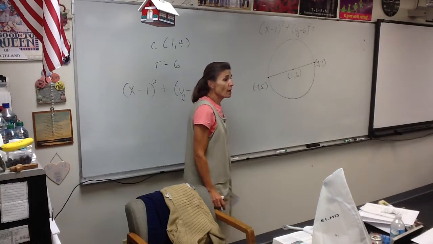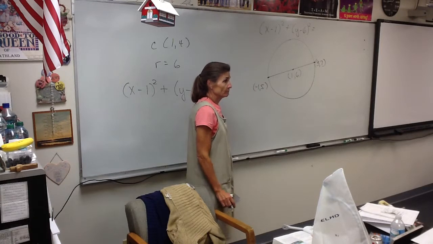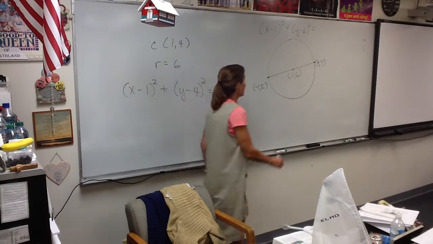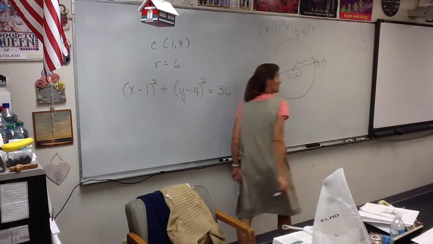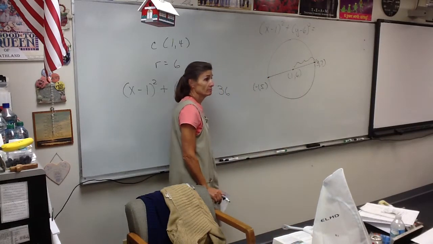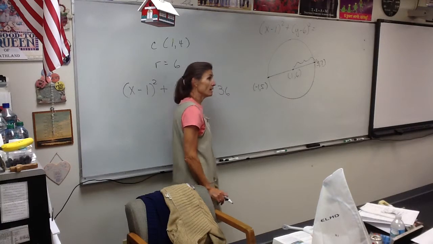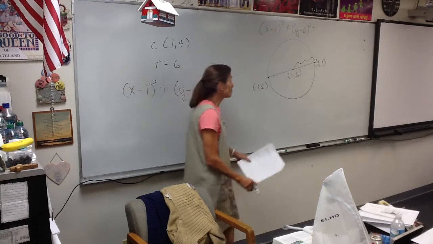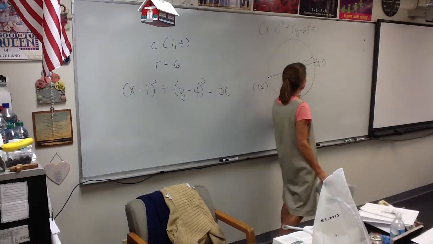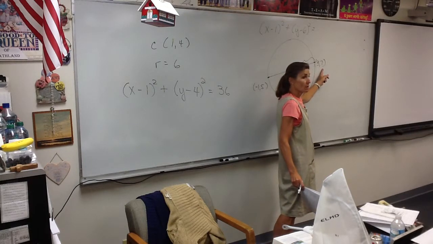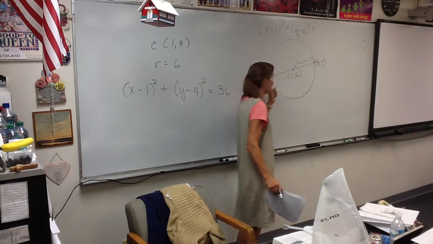What else do I need now? Well, I need the radius, don't I? And how am I going to find the radius? Distance formula, exactly. Isn't the radius going to be the distance from here to here? Or somebody might say here to here, it wouldn't matter.